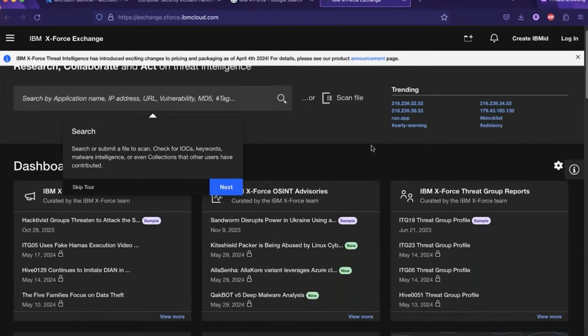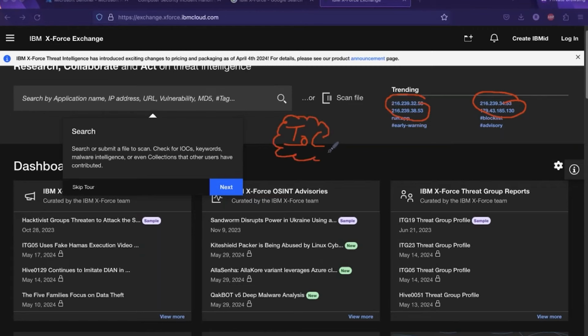Now, one more thing, this threat intelligence gives us something we call IOCs. Here you will see some IP addresses, sometimes some hash values, which we call signatures, sometimes URLs and domain names. All these things are called IOCs.